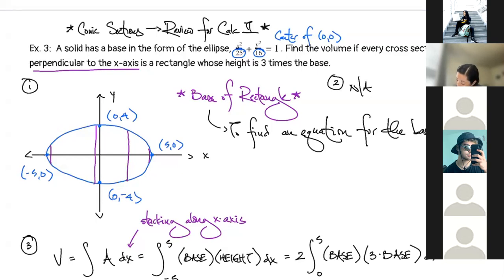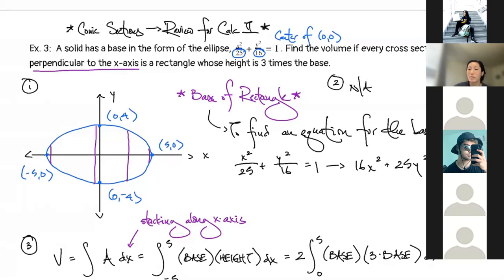So let's work through the algebra. So we've got x squared over 25 plus y squared over 16 equals 1. I'm going to get rid of the fraction because I don't like fractions. I'm going to multiply everything by 400, okay? And that will give me 16x squared plus 25y squared equals 400 because I multiplied everything by 400.